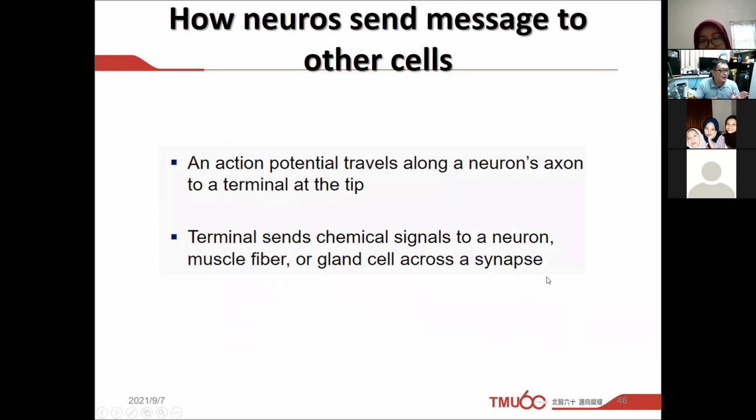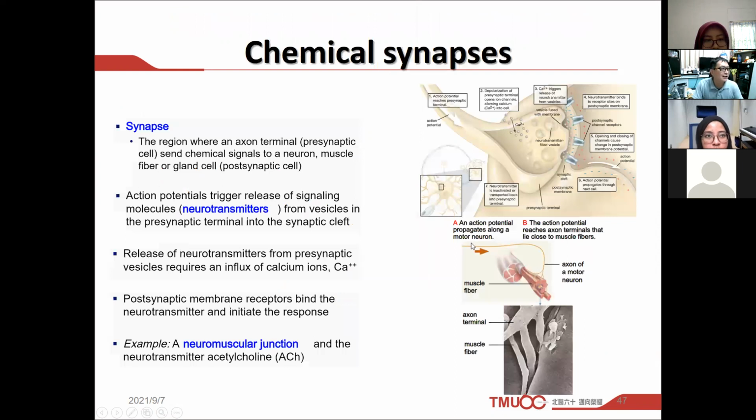I think this one I mentioned already. They send a message to the other cells, for example, the neurotransmitter, and here is the example. The synapse delivers, in this case, the neurotransmitter to the muscle. The synapse uses a lot of cytoskeleton protein like microtubule and actin.